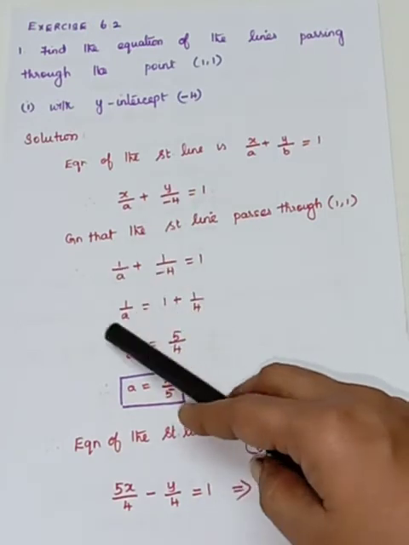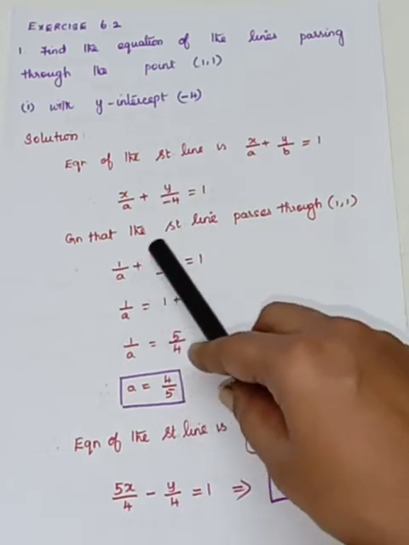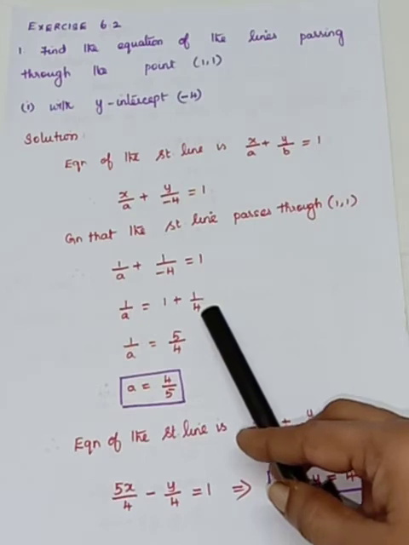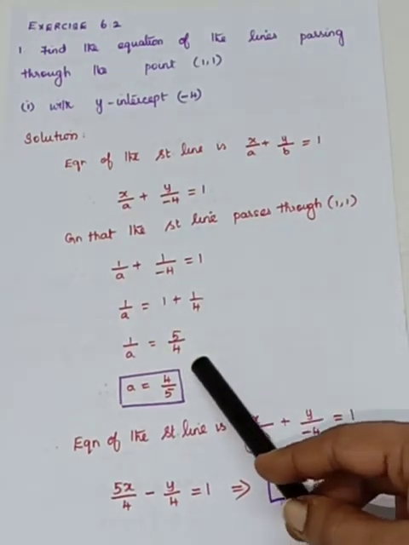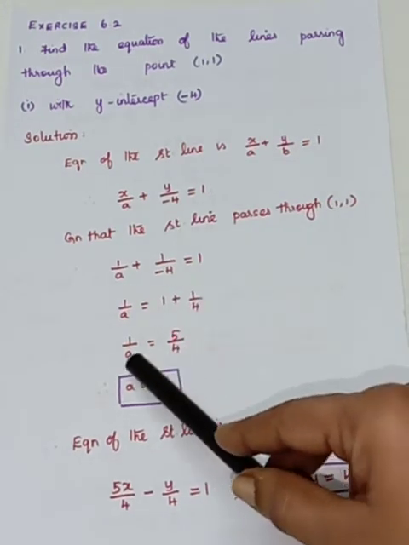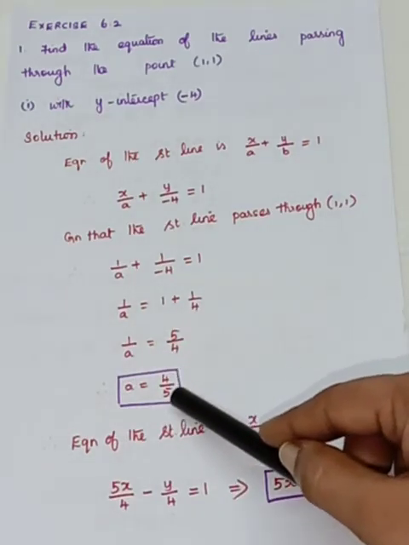So it is 1 by a plus 1 by minus 4 is equal to 1. Minus 1 by 4, when you bring it to the right side, is plus 1 by 4. Taking the LCM, 1 into 4, 4 plus 1, that is 5 by 4. So a is equal to, if you reciprocate, 4 by 5.